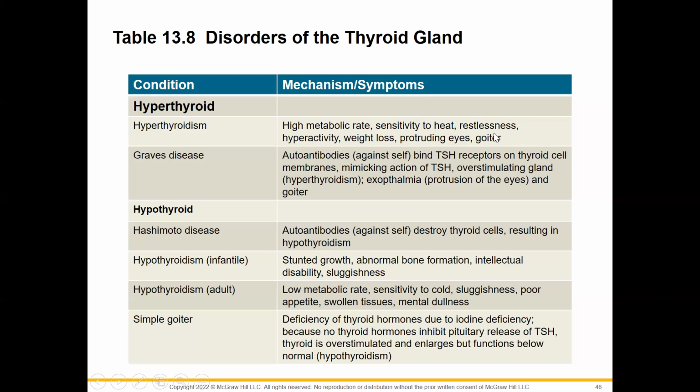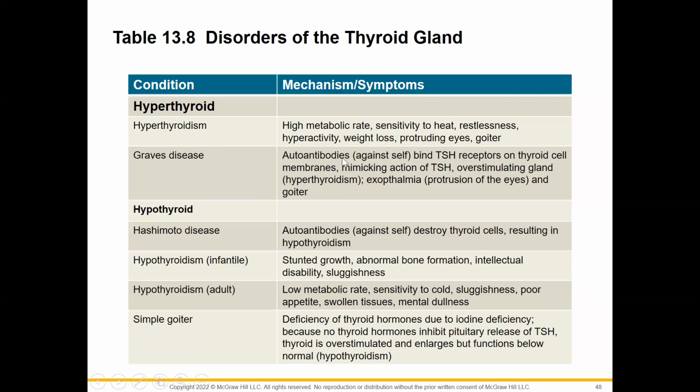Goiter is basically that big puffy neck. The anterior aspect of the neck is big and puffy, and that's because the thyroid itself becomes hypertrophic. The thyroid gets bigger. Then you have Graves' disease, which is also a hyperthyroid condition, but what causes that is autoantibodies.